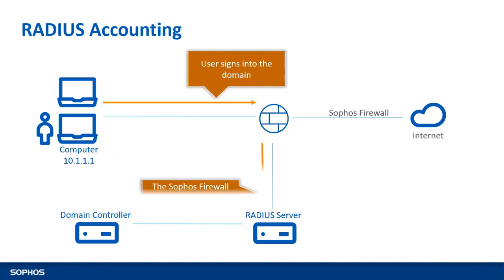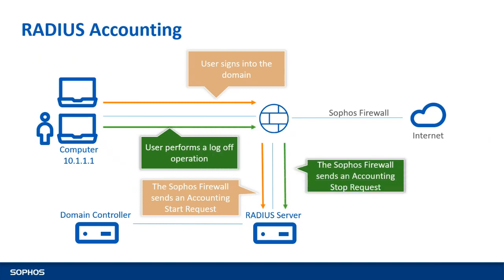When a user logs into the network and communicates with the firewall, it sends an accounting start request packet to a configured RADIUS server along with the user's login time. The RADIUS server will then begin collecting accounting information for that user.